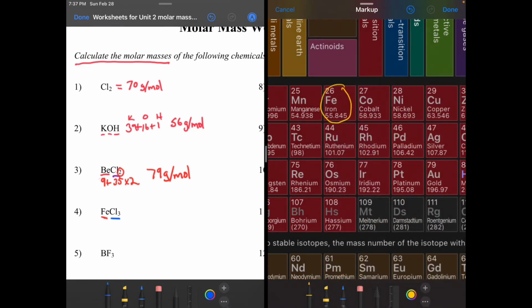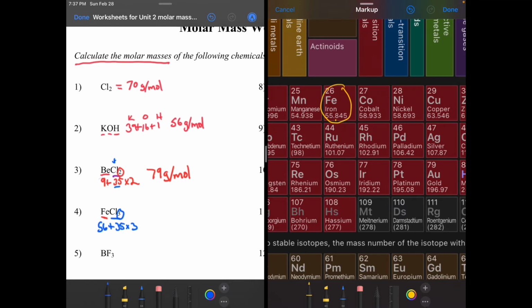Here's our iron. We're gonna round this up. So this is going to be 56. And then chlorine, we just did that up here, which is 35. So that's going to be 56 plus 35 times 3 because of this 3 right here. So let's do it.